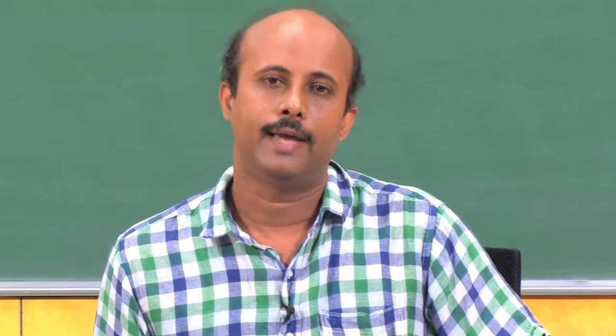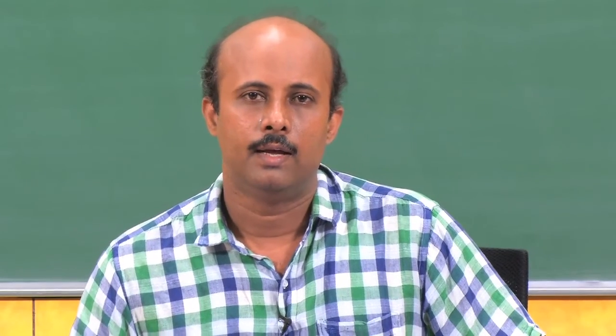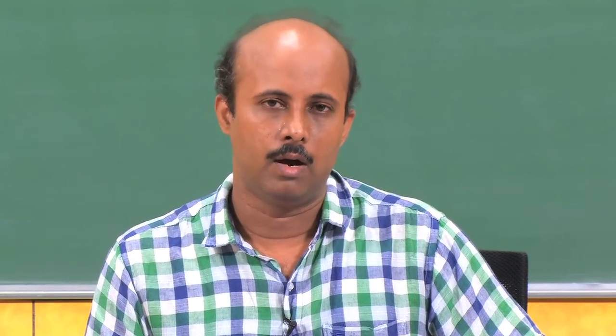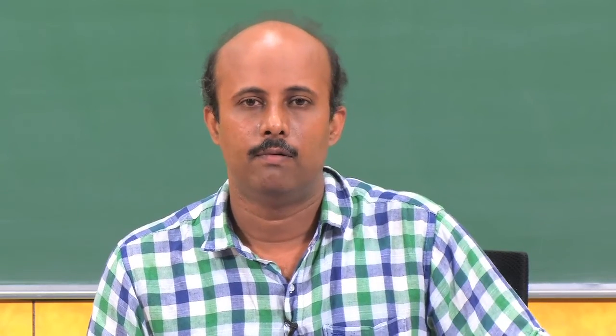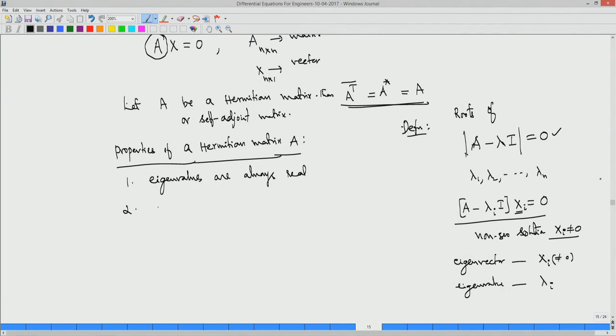If you calculate the eigenvectors for each of these eigenvalues, and suppose lambda 1, lambda 2, up to lambda n are all distinct, then you will have n distinct eigenvectors.